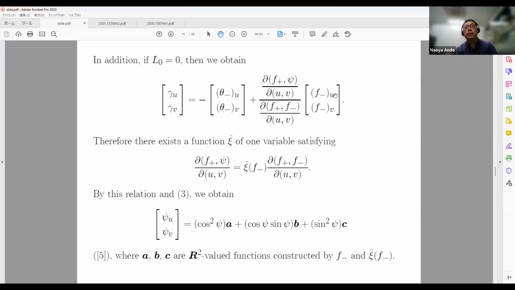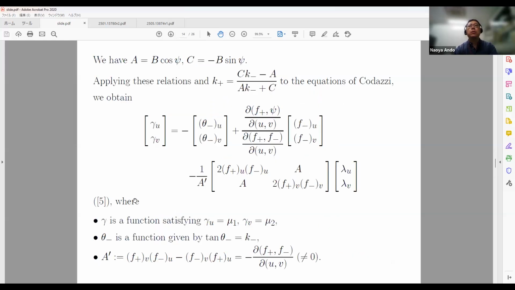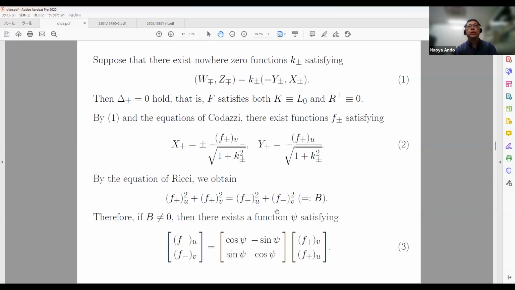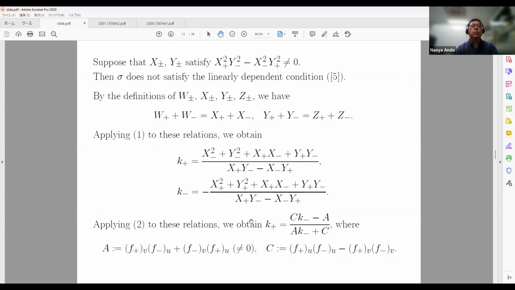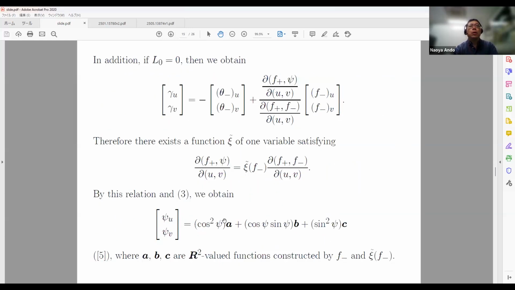Because of this, by this relation and this relation, by long calculations, we obtain this relation.